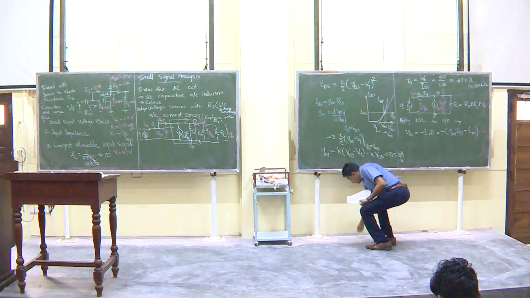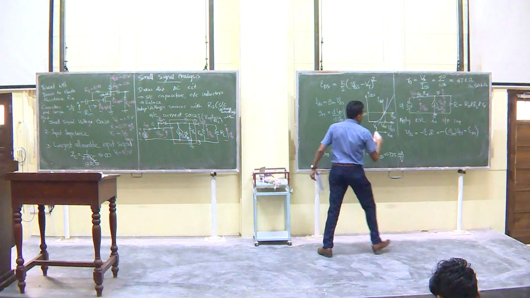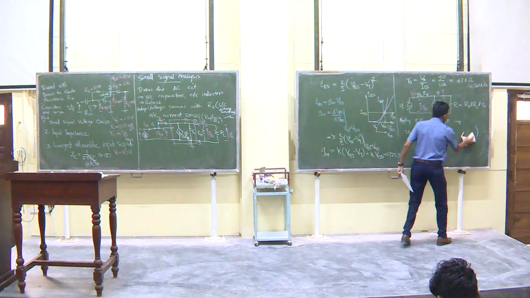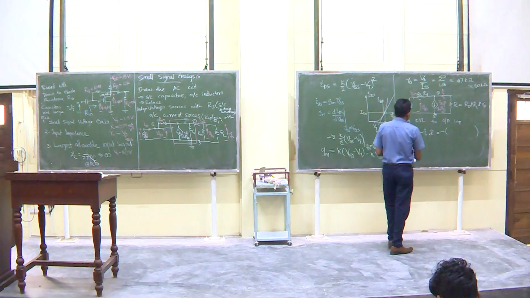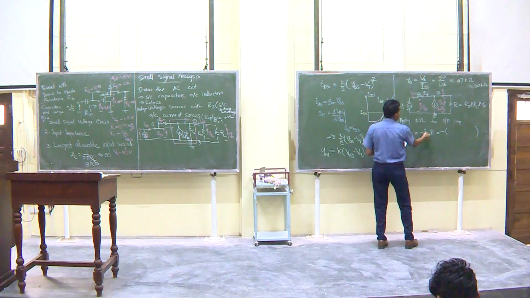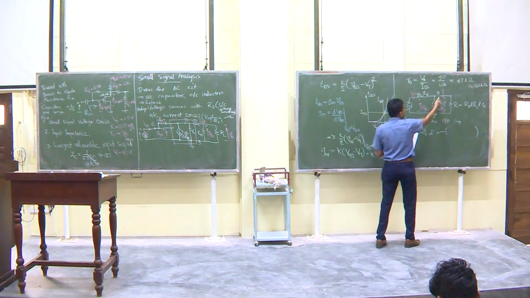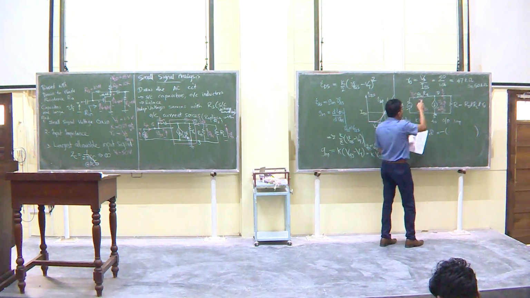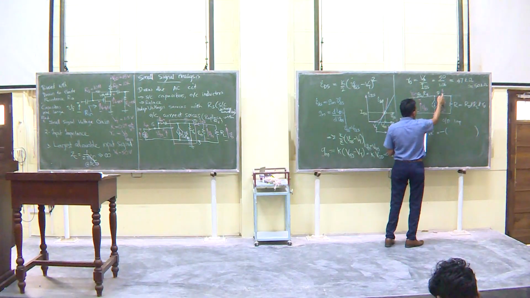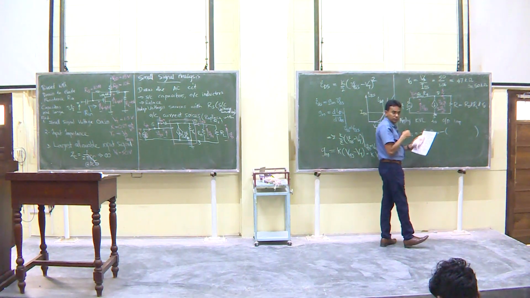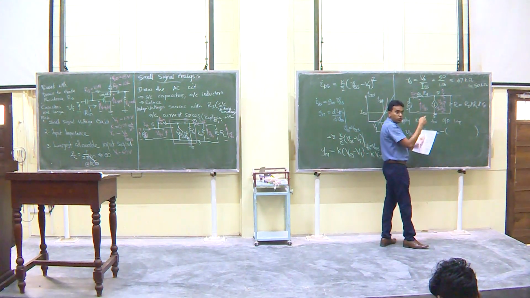No, sorry, this is wrong. The I times R. So I is this current minus that. So what is going on is, if you apply Kirchhoff's current law there, I in plus I minus gm VGS will be equal to 0.